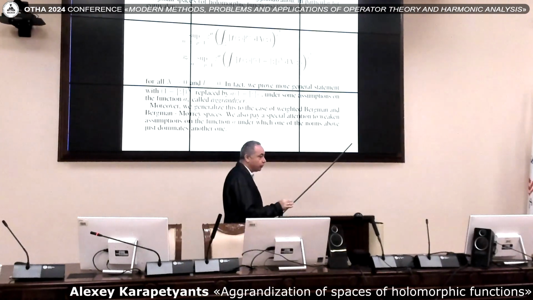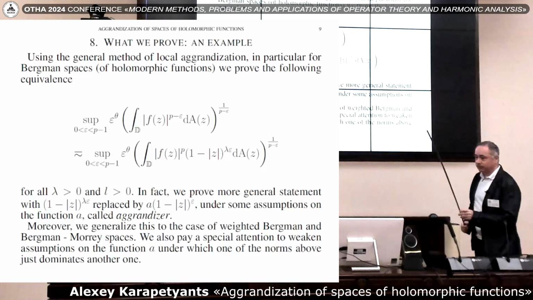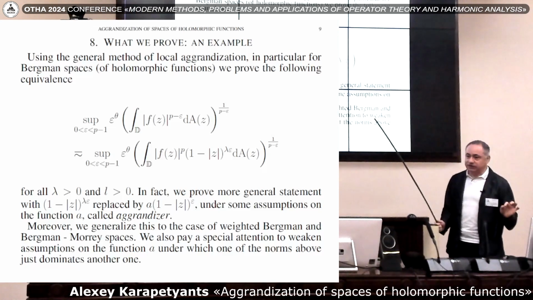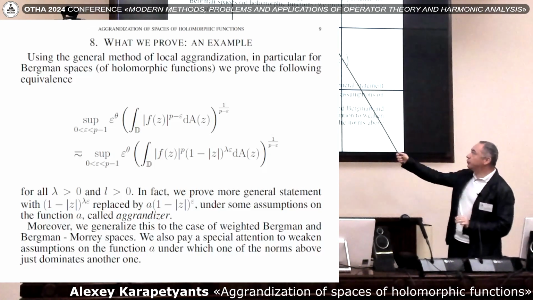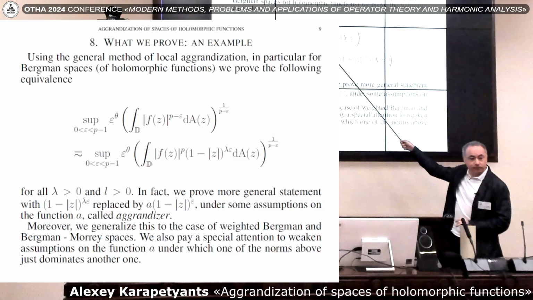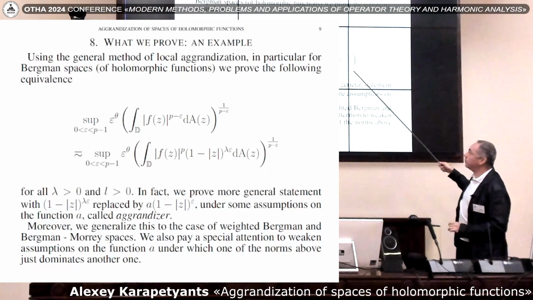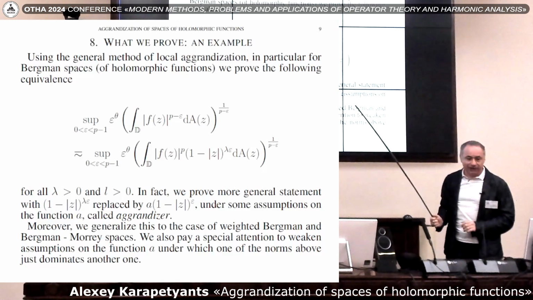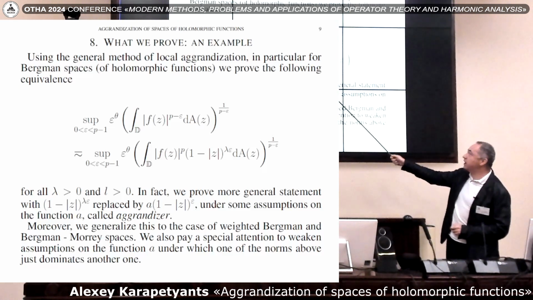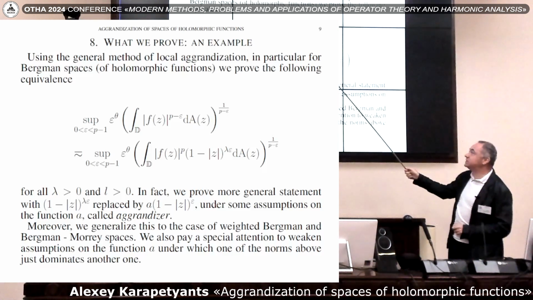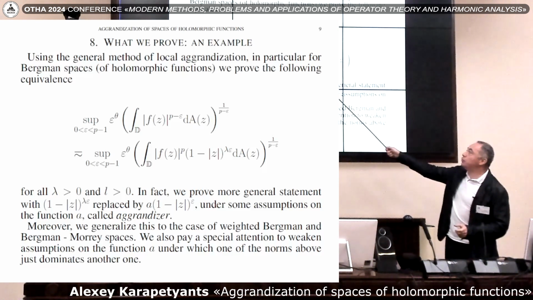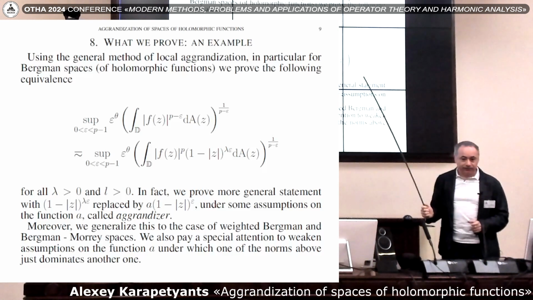Basically, what we proved is the following. This is a very particular result, just for illustration. We proved that this classical norm can be rewritten in this form, so these norms are equivalent. Here we have our grandizer, and you can see we get rid of p minus epsilon here.